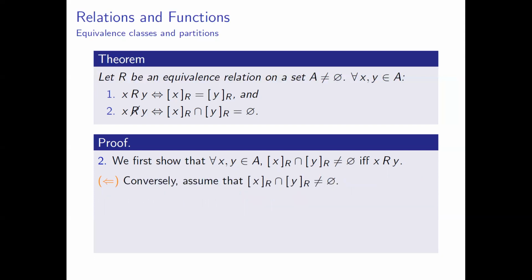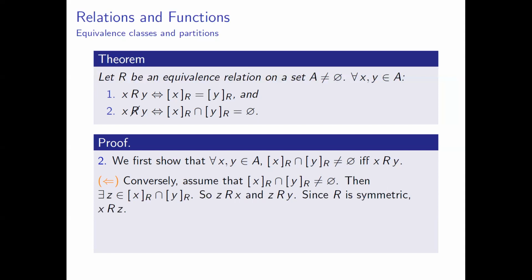Conversely, assume that the equivalence class of x and the equivalence class of y are not disjoint. Then some object z is an element of the intersection of the equivalence class of x and the equivalence class of y. So z is related to both x and y. Since R is an equivalence relation, it must be symmetric.